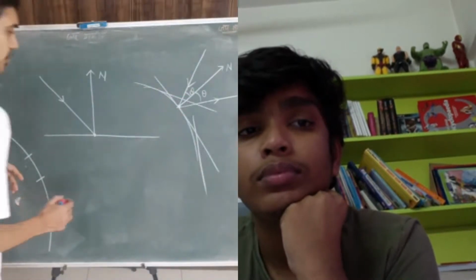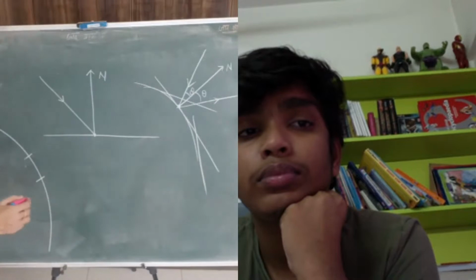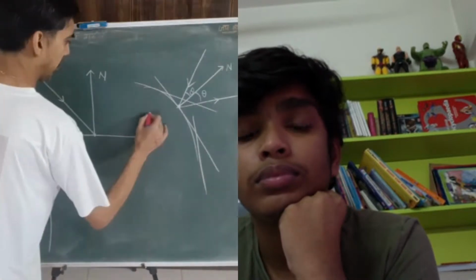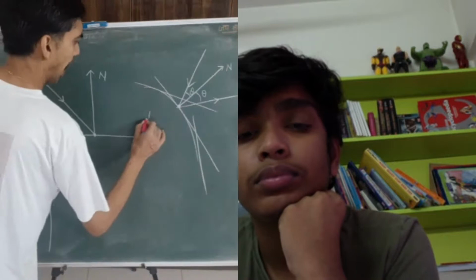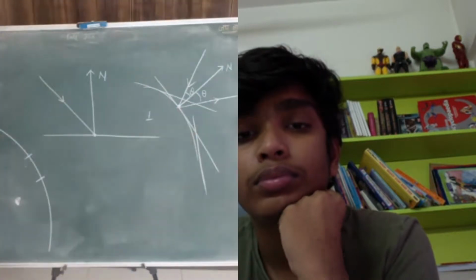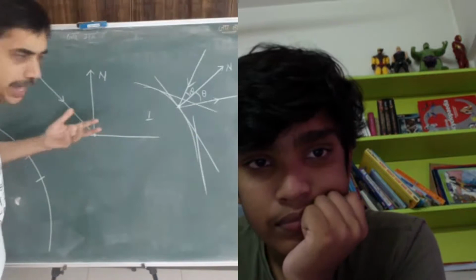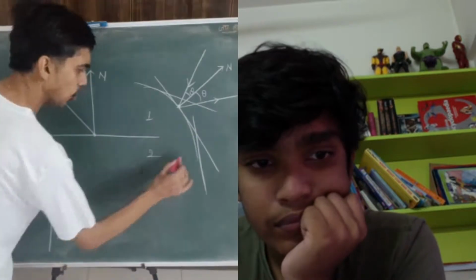Then I ask you what medium you have taken here. The medium in which air was is marked 1, and the medium this medium makes an interface with is marked 2.